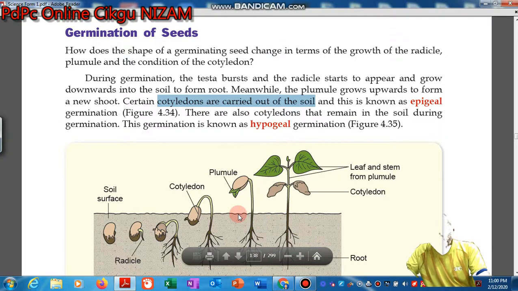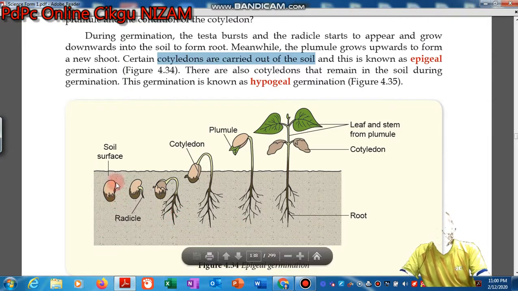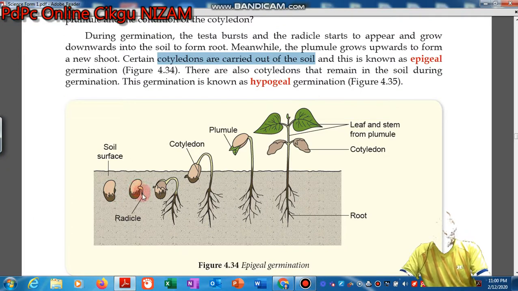As shown in the diagram, when we plant a seed into the soil, the radicle will start to grow downwards and furthermore form a root, and then the cotyledon will be carried out of the surface of the soil, positioned at the upper part of the surface of the soil. Then the plumule will start to grow and become a shoot to form a leaf and stem.